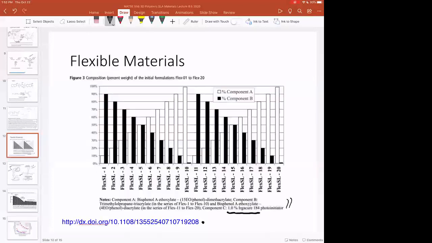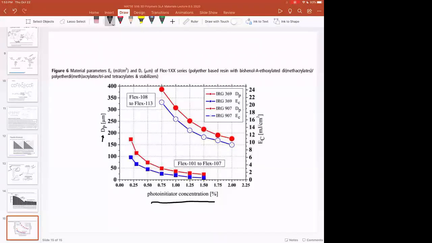So in this case, that's our ErgoCure 184. And so you have to choose some kind of concentration to start, but they've surveyed a bunch of different concentrations and they've landed on one right here, versus the energy exposure from the laser. So how much energy are you putting into the material? How long are you exposing it? And what is the depth of cure as a function of photoinitiator concentration?